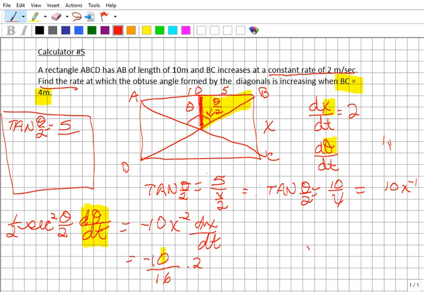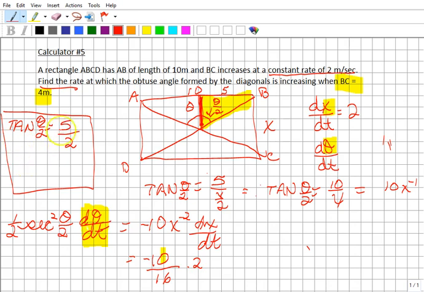So x over 2 is 2. So in order to find theta, we're going to take the inverse tan of 5/2, and that will give us theta over 2, and then we'll double that angle.